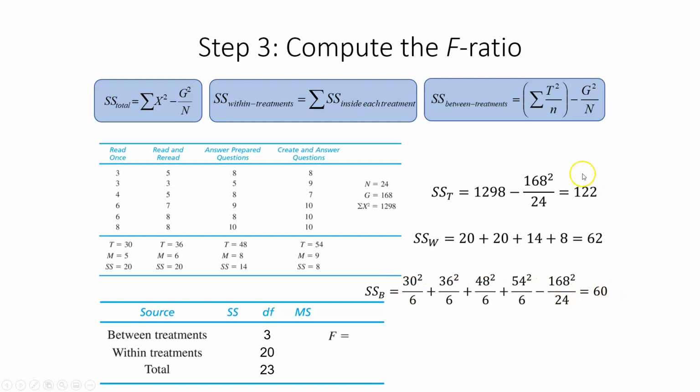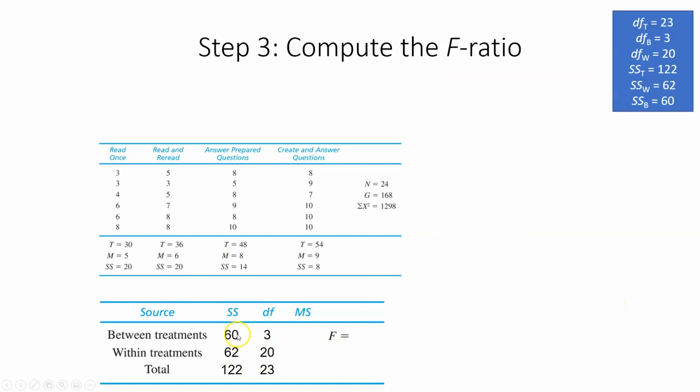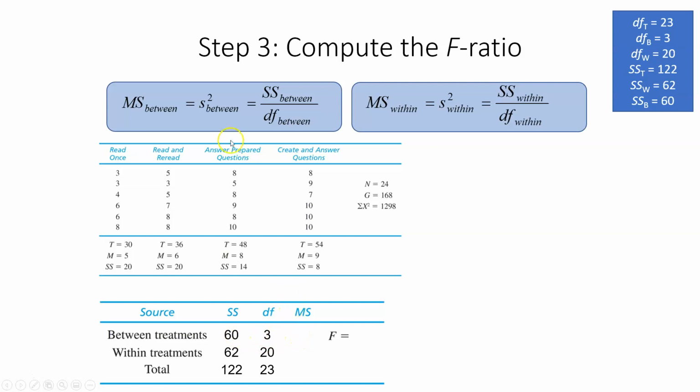So let's take those three values, put them in the table right here, and then finally we need to figure out our mean squares, our variance, our variability here, which is, of course, as you know, SS over DF. So we're figuring out that SS over DF for between and SS over DF within. So 60 over 3 is 20, and 62 over 20 is 3.1.